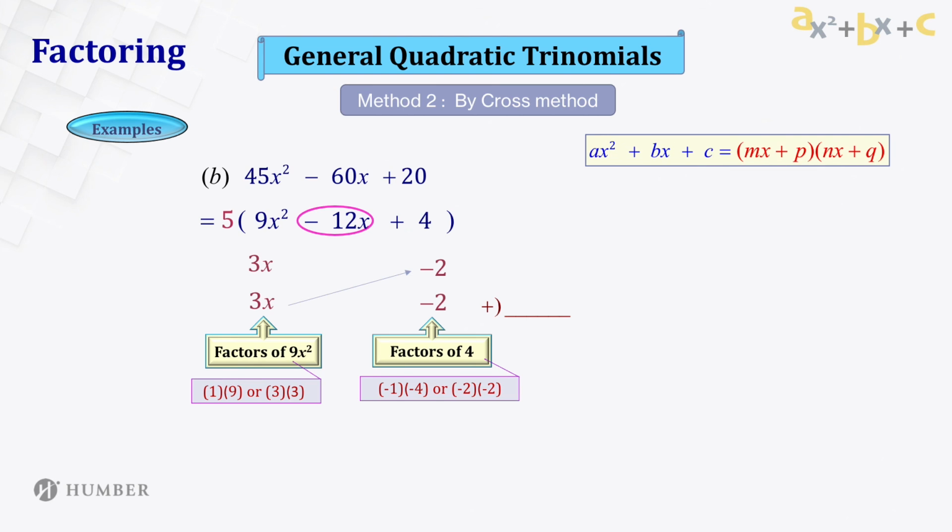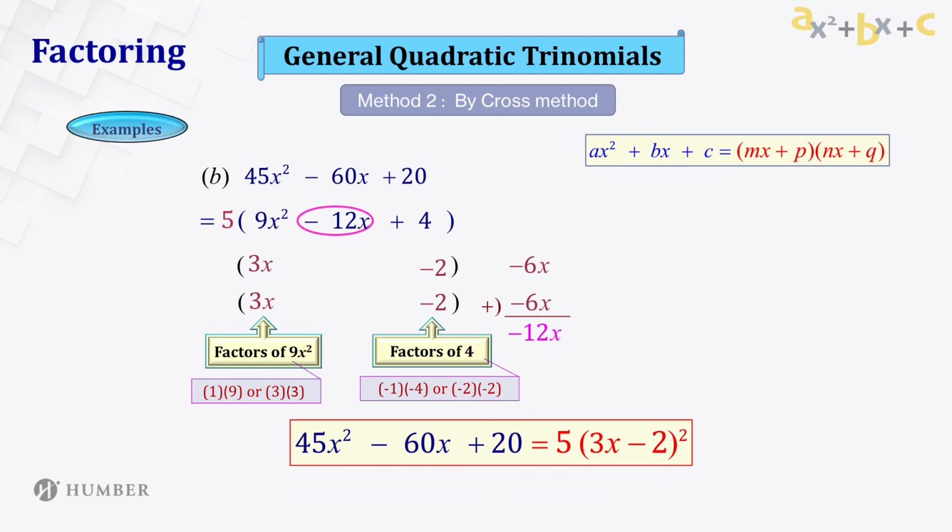The sum of cross multiplication becomes -12x, which matches the middle term. Place each bracket top and bottom to get the factored form. As you can see, the answer shown here is the same as the one obtained with the previous method.